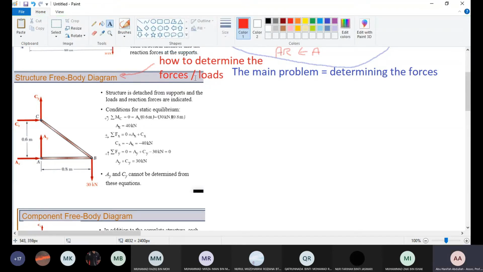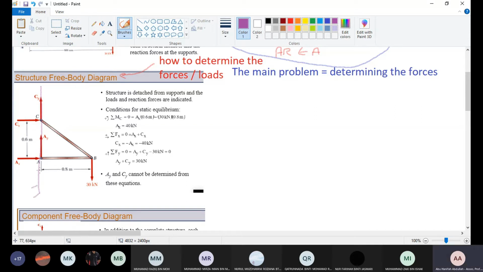That is the tricky part. How to determine the forces and the load. For this example, we have a frame, a beam that is attached to the wall. Imagine this is a wall here.